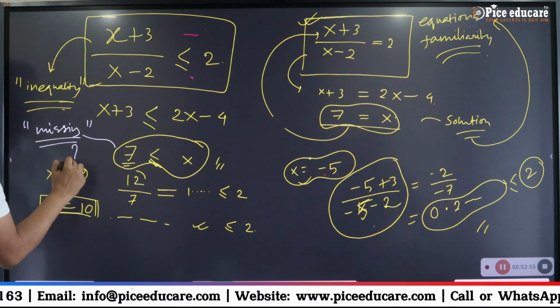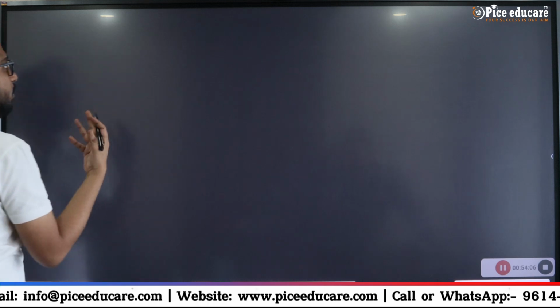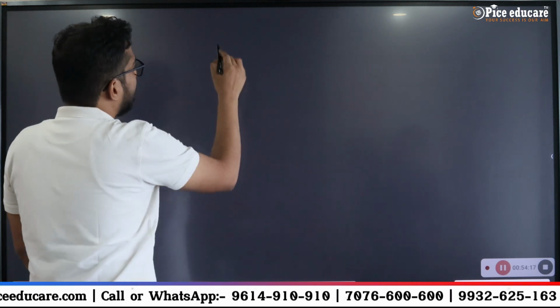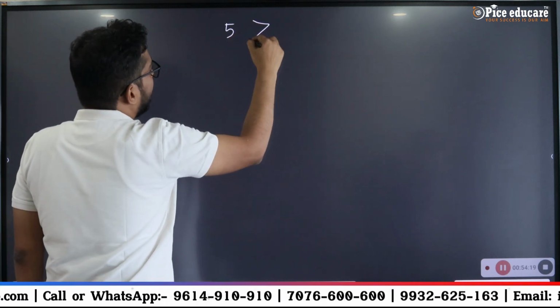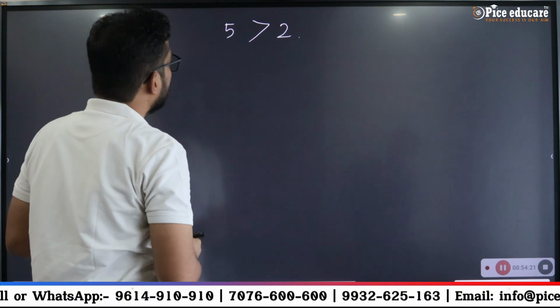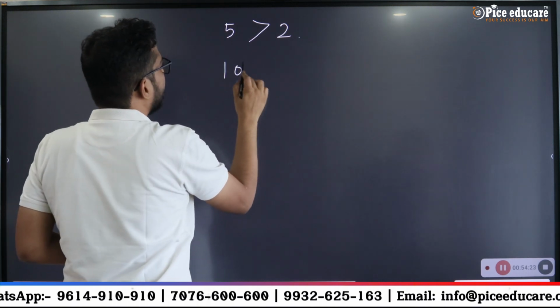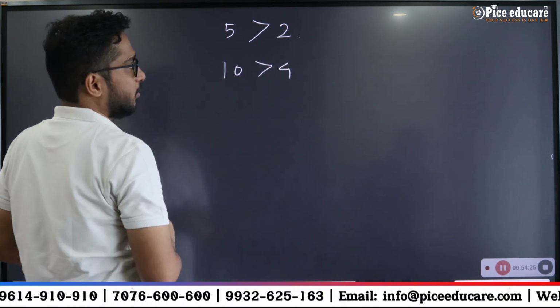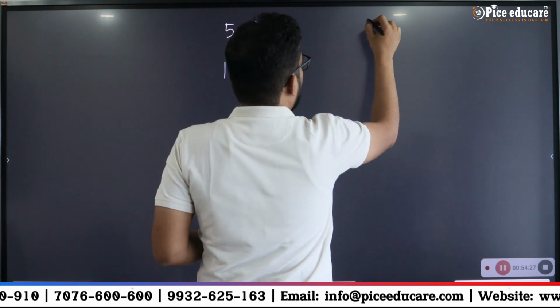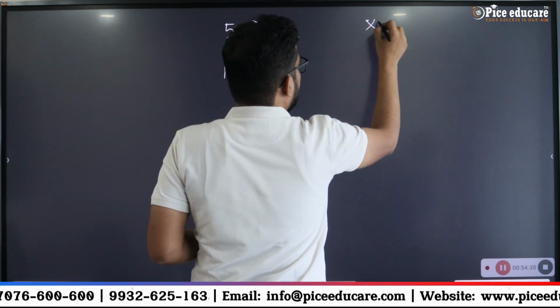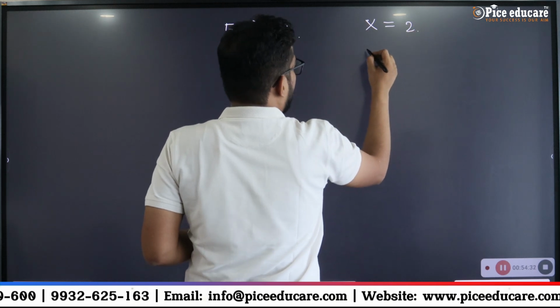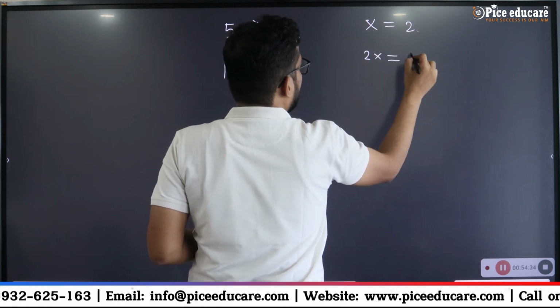So what is this missing link? The answer to this confusion is a very basic idea that you know already, but maybe you have missed it. For example, if 5 is bigger than 2, I know that I can write 10 is bigger than 4. Just like if I say x is equal to 2, I can say 2x is equal to 4.